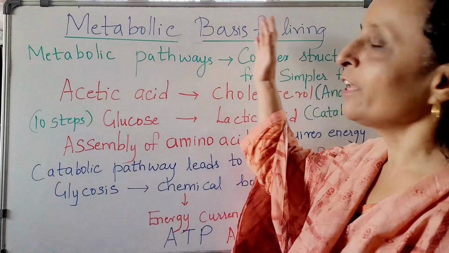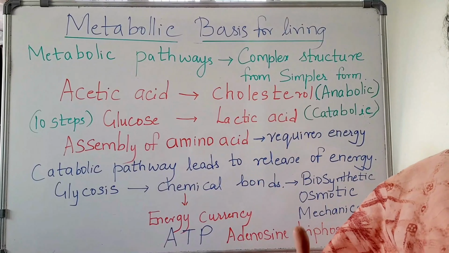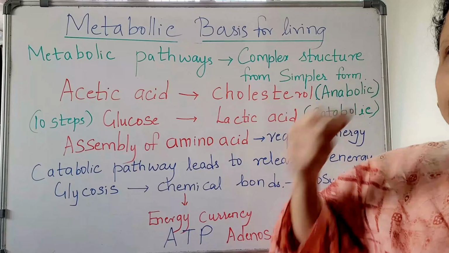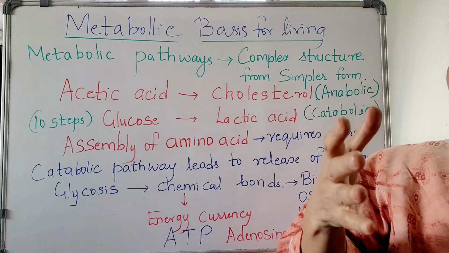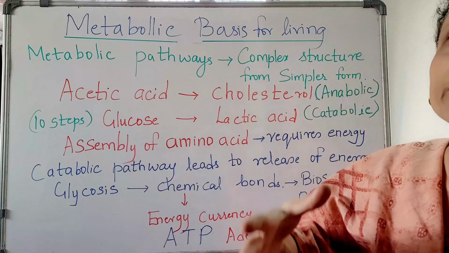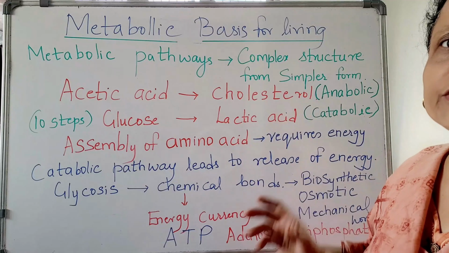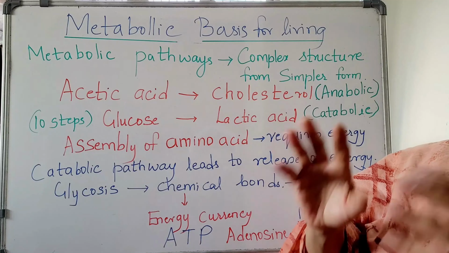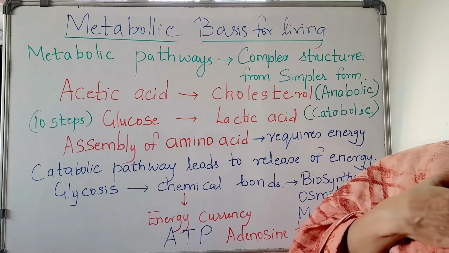Now, metabolic basis for living. When you are living, metabolism takes place. Metabolism is of two types: anabolism, catabolism. When construction takes place, anabolism; when destruction takes place, catabolism. Both are very important for our living. So, what happens in anabolism?